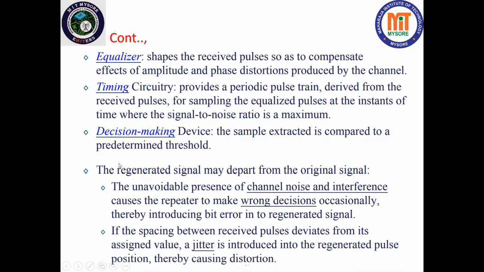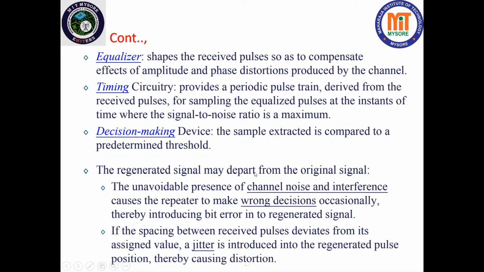But there are two kinds of problems we can encounter where the regenerated signal may depart from the original signal. So what are those two problems? The unavoidable presence of channel noise and interference causes the repeater to make wrong decisions, thereby introducing a bit error into the regenerated signal.